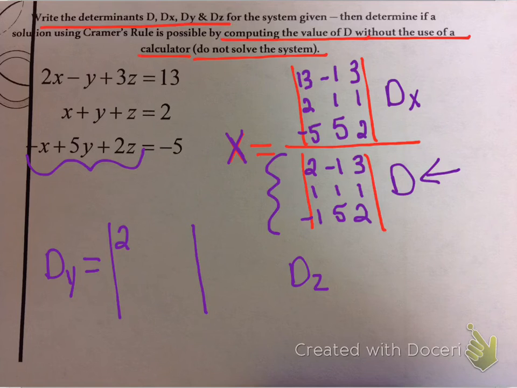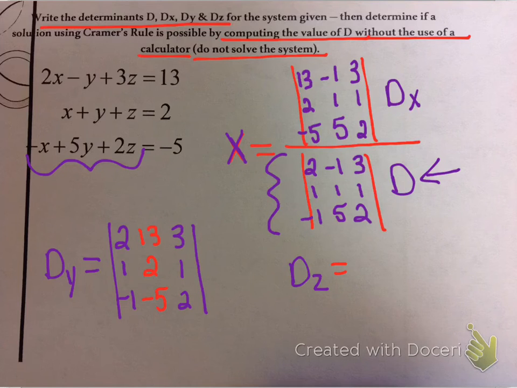So the x column is going to stay 2, 1, negative 1. And the z column is going to stay 3, 1, 2. But this time, it's the y column that gets replaced with the constants 13, 2, negative 5. Okay, so that's it. We're just writing it. We're not actually calculating it.